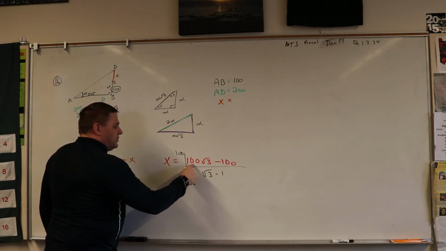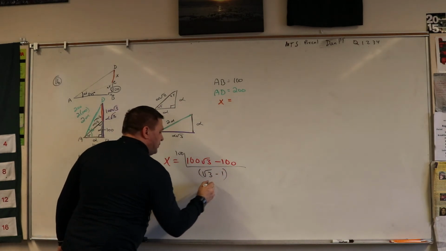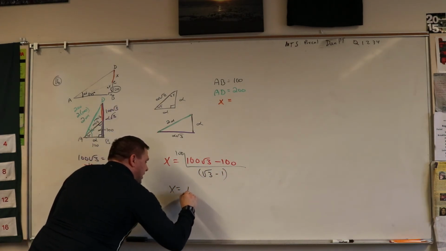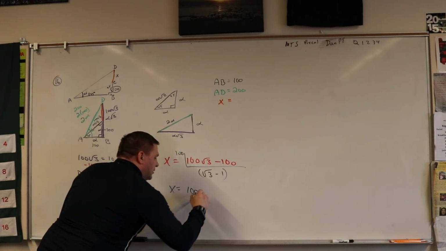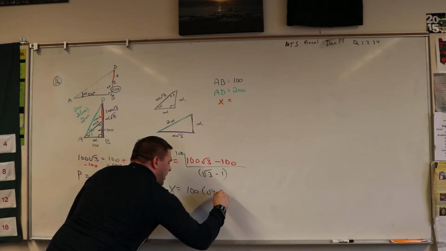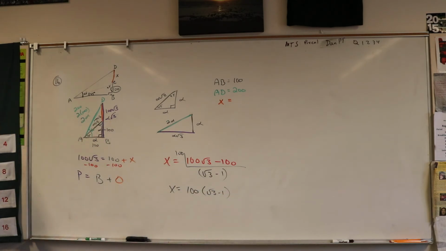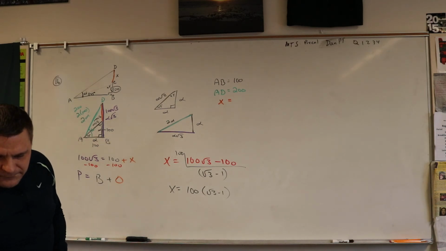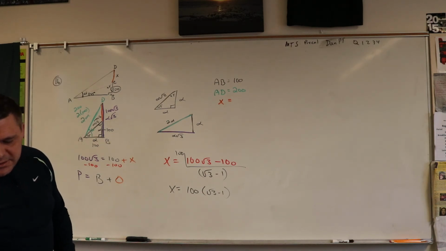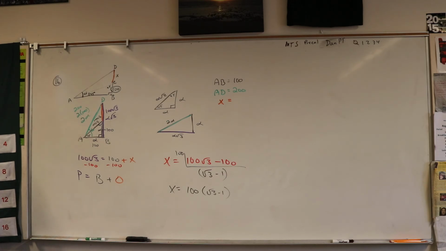So you have to divide, right? So X is actually equal to 100 times the square root of 3 minus 1. Okay? And this comes back to that. We've done this before. Do you remember? Is it okay if I write it like this? Or do I have to write it like that? No, that's fine. And you don't have to have the 100 in front.